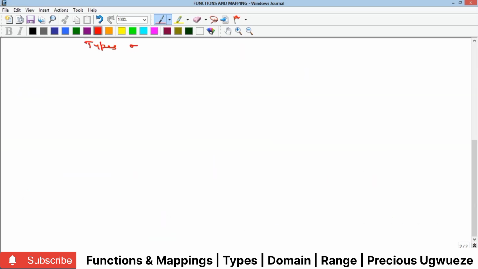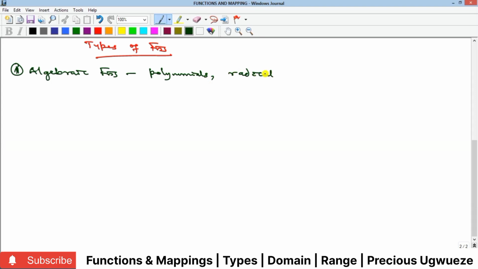Types of functions. The first one is called the algebraic functions. Examples are polynomials and radical functions. We have also discussed radical equations, that's functions with radicals, square roots, or any kind of roots.